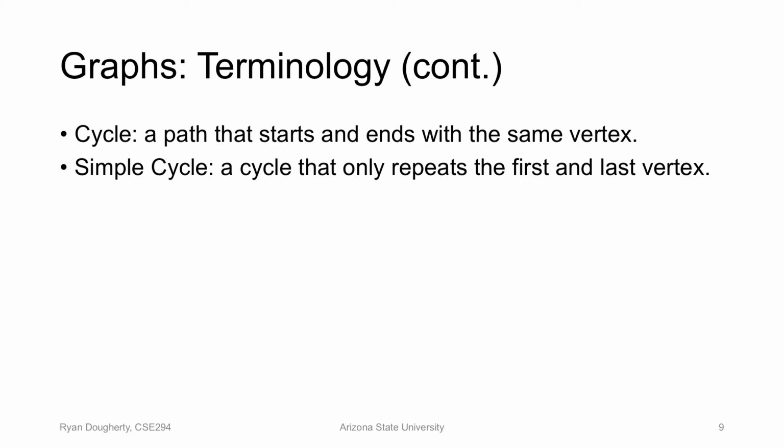You could have a cycle that comes out and comes back to the same vertex, then comes out somewhere else and comes back to the same vertex. So it repeated that starting vertex 3 times instead of twice. So sometimes we talk about cycles versus simple cycles.